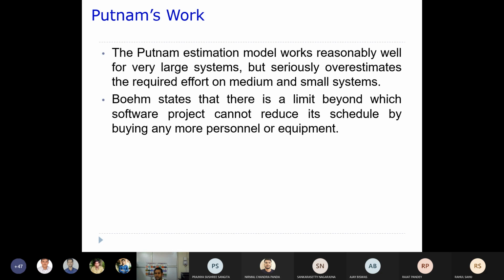Any student here, can you tell me the reason why you cannot reduce the time to whatever you want for that particular software?